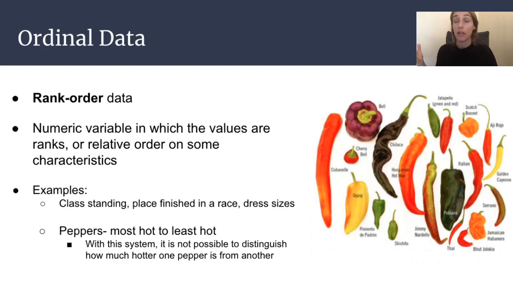We have the Carolina Reaper, we have ghost peppers, and we could probably think of some not very spicy peppers as well, things like bell peppers or jalapenos. So we can rank them, right? We could put them in a rank order, but it doesn't mean that the distance between the spiciness of each pepper is equal, but it does mean that we have an inherent order to the characteristics that are being measured.